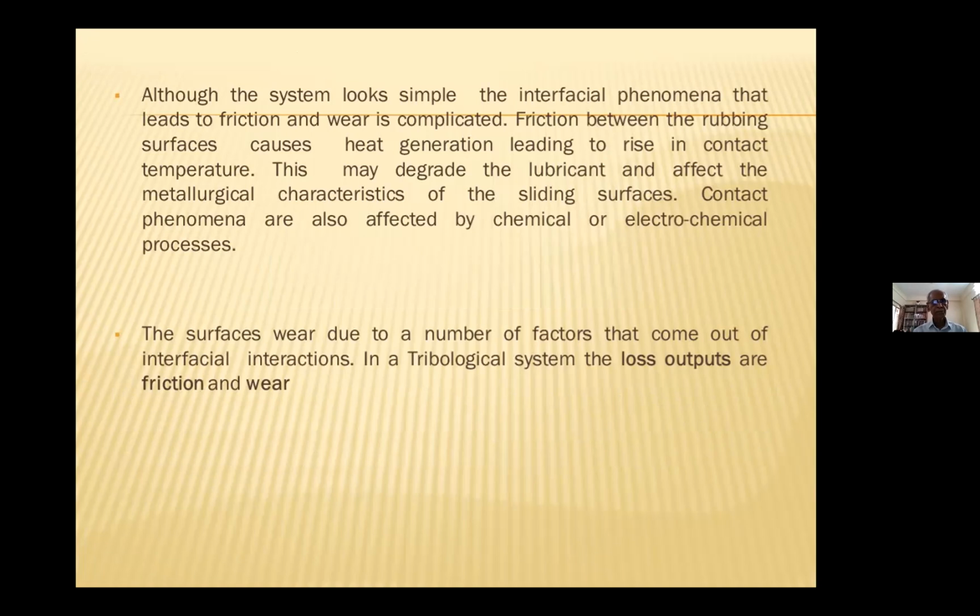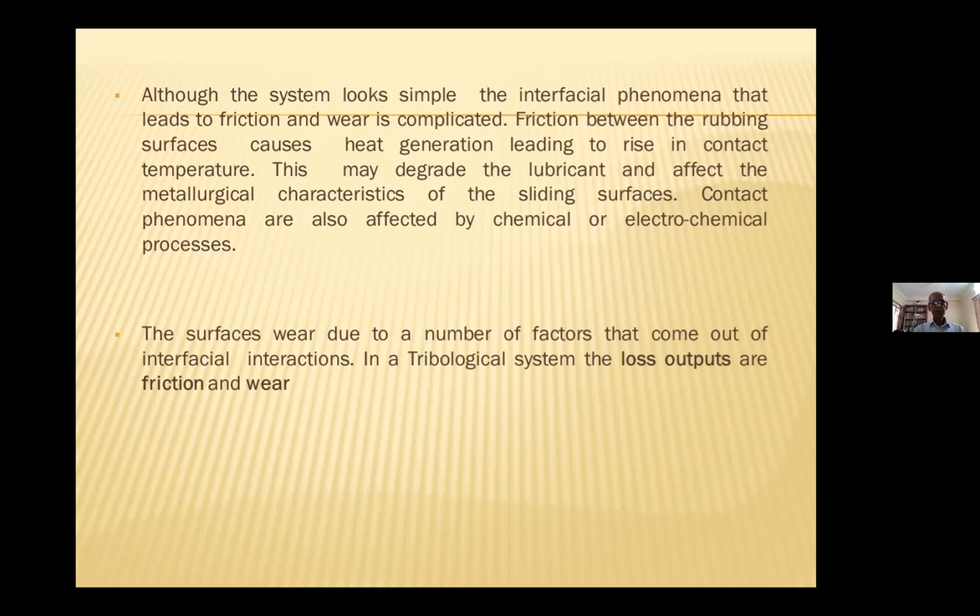The contact phenomena between the two surfaces is an important issue, and we'll learn later on that contact mechanics plays a major role in understanding the tribology of the two surfaces. As I said earlier, the chemical and electrochemical process also is important.